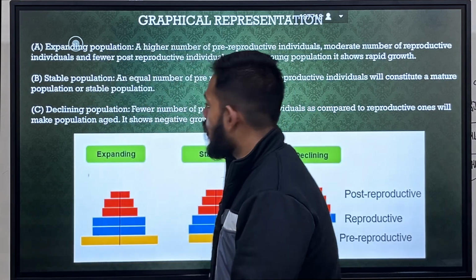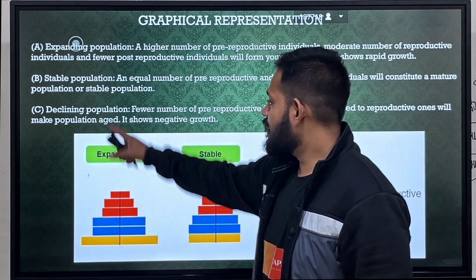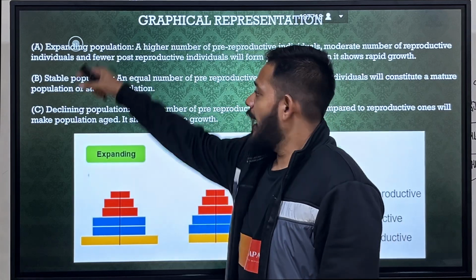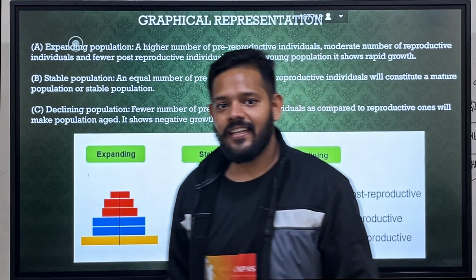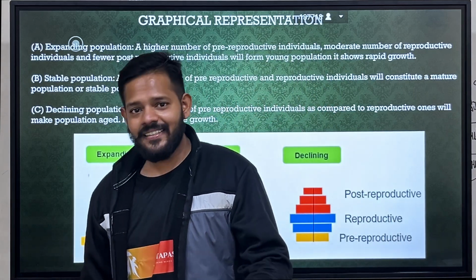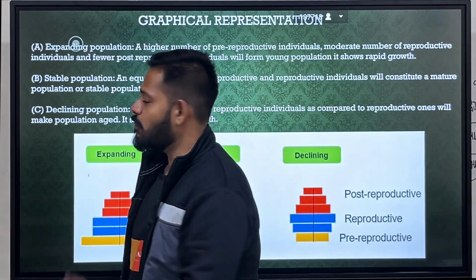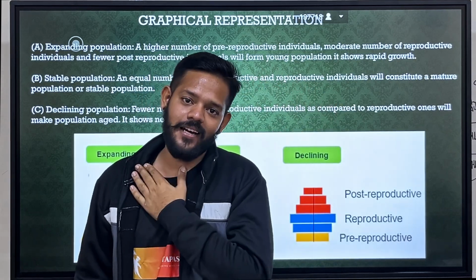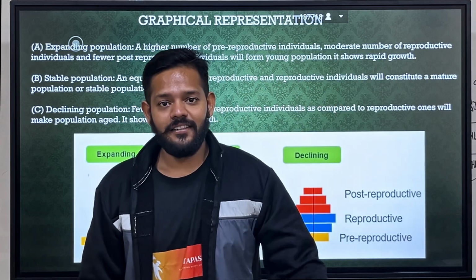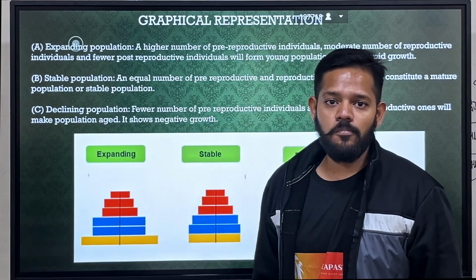That's why the population of Japan is a declining population. Expanding population, as you know, everyone can guess it. There are many countries which have expanding population, but the top one is only one country, that is my India, great nation, in which we have an expanding type of population.